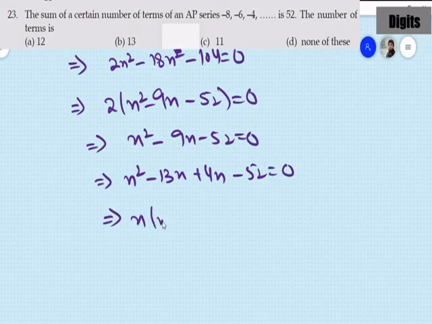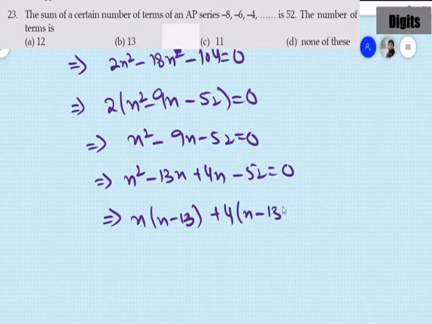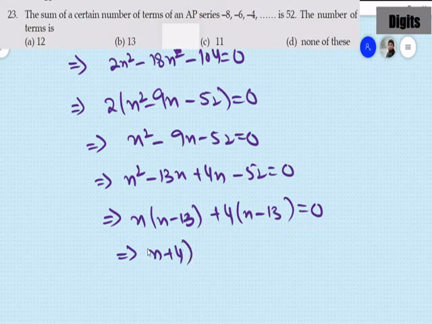Further it implies n into n minus 13 plus 4 into n minus 13 is equal to 0. This implies n plus 4 into n minus 13 equal to 0.